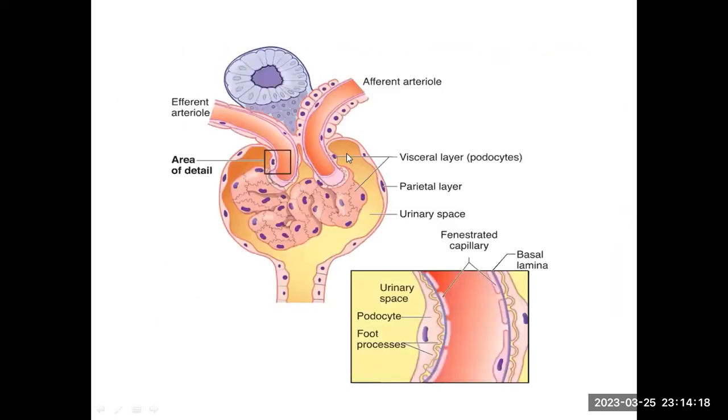The amount of proteins which are filtered here, which are released into the filtrate, is much larger compared to the proteins which will appear in the urine eventually. Not all of the proteins in the filtrate will appear in the urine, because a large portion of this protein will be taken up by the proximal tubular cells, the epithelial cells lining the proximal convoluted tubules.